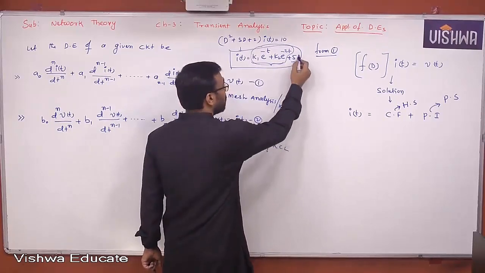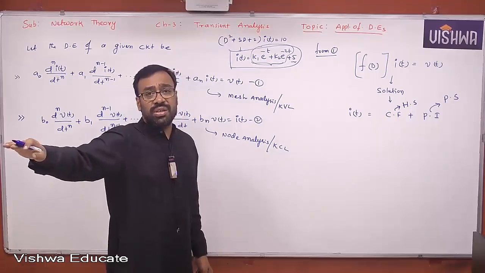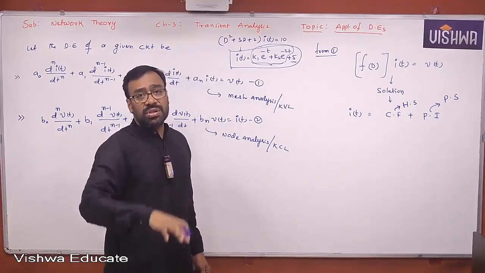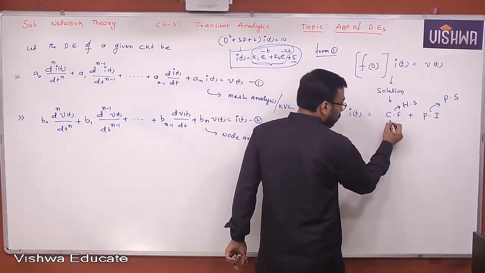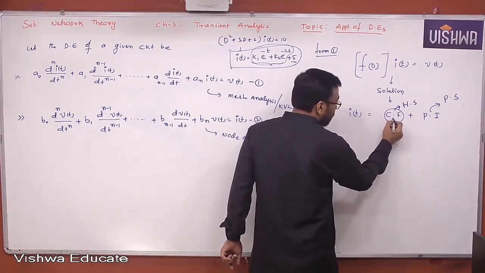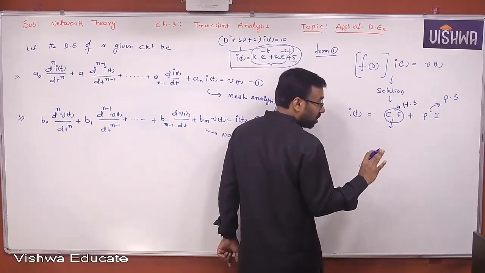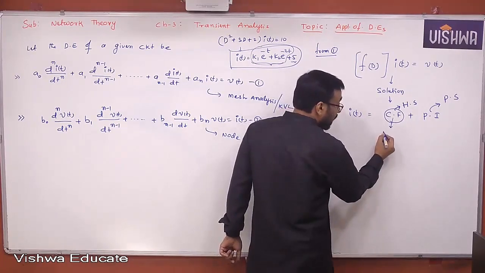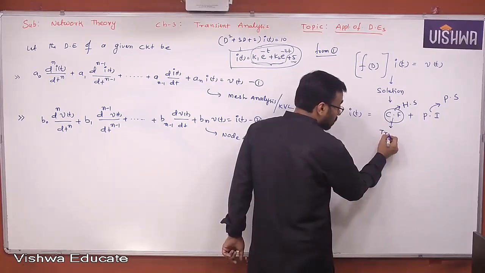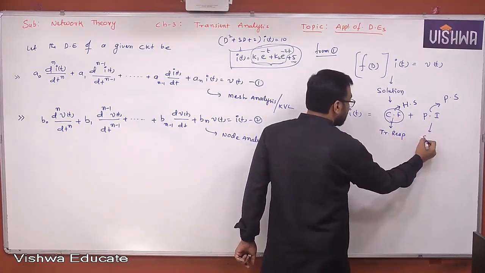The response which does not change with respect to time, constant, continuously it is giving constant output, then that response is called what? Steady state response. Therefore, now in our electrical engineering terminology or in our transient analysis terminology, let us not use the complementary function. That is, mathematically we use it, but in our class, let us try to use it as a transient response. Understand, all of you? Okay. Now this is a steady state response.